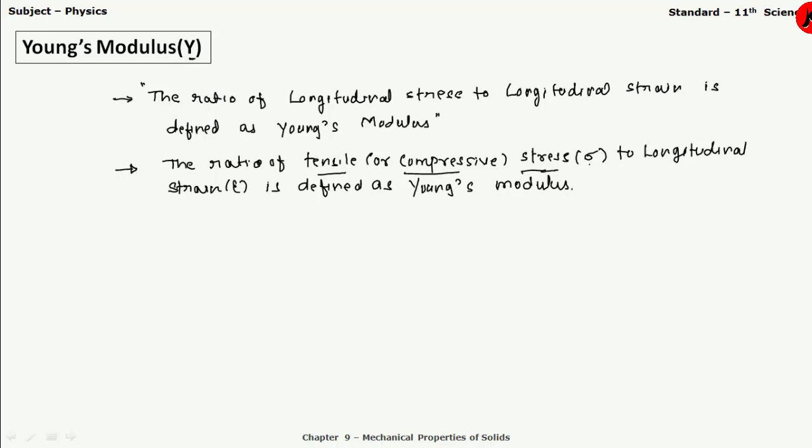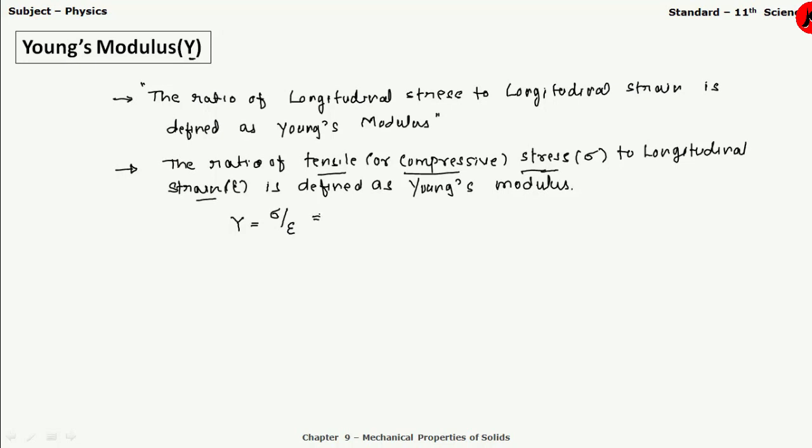Stress is denoted by the symbol sigma, and longitudinal strain by the symbol epsilon. In the form of an equation it becomes Y equal to sigma by epsilon.